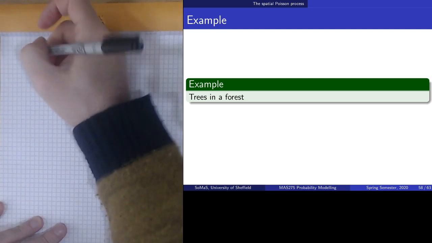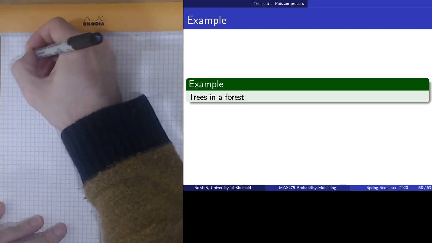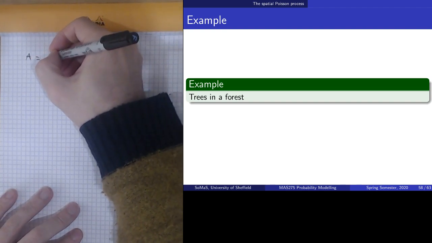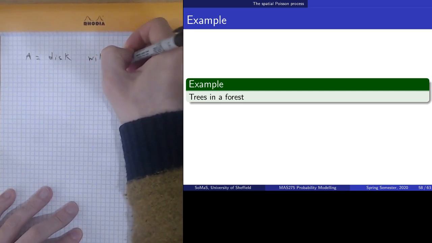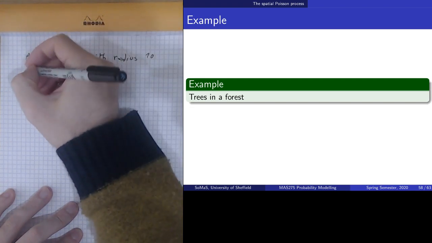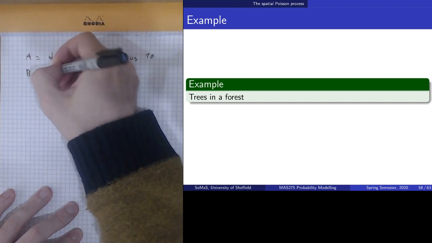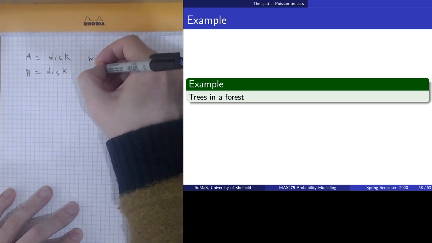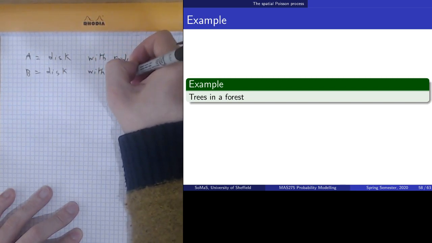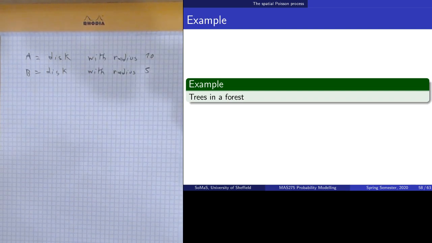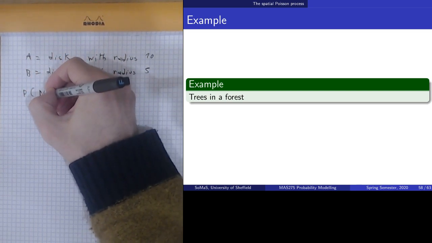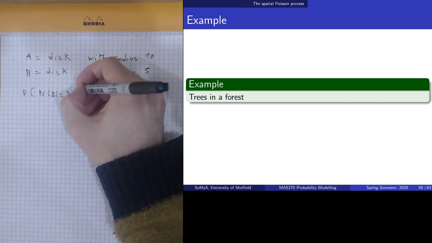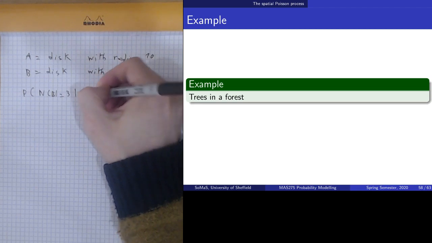So let's say A is the disk with radius 10, and B equals disk, the same center of the disk with radius 5. And the question we want is probability that n of B equals 3, conditionally on n of A equals 3.